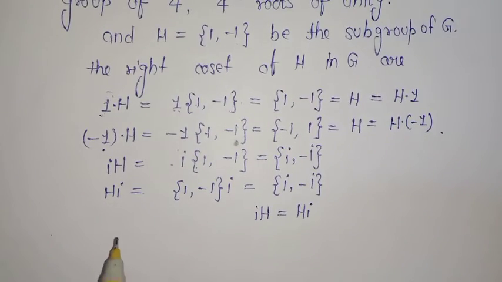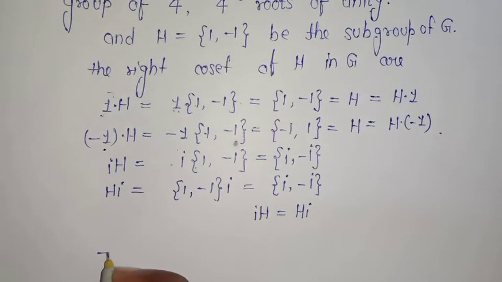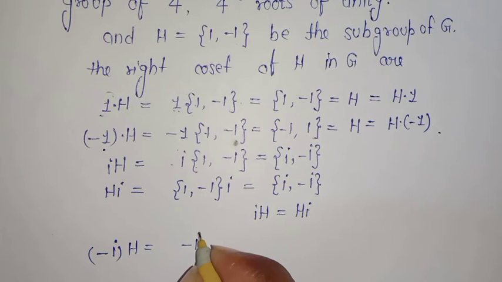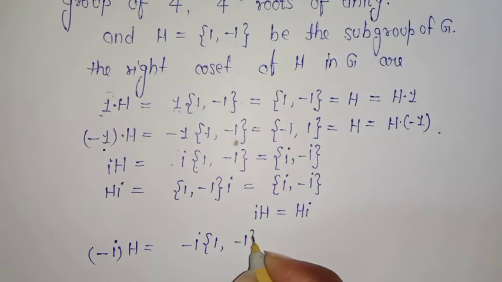Now we will do the last element, that is minus I. So minus I into H is equal to minus I into 1 comma minus 1.